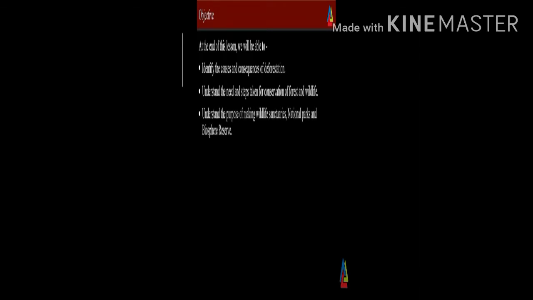By the end of this lesson, we will be able to identify the causes and consequences of deforestation, understand the need and steps taken for conservation of forest and wildlife, understand the purpose of making wildlife sanctuaries, national parks, and biosphere reserve, define flora and fauna, define endemic species and animals, define endangered animals, understand the need for recycling of paper and reforestation.